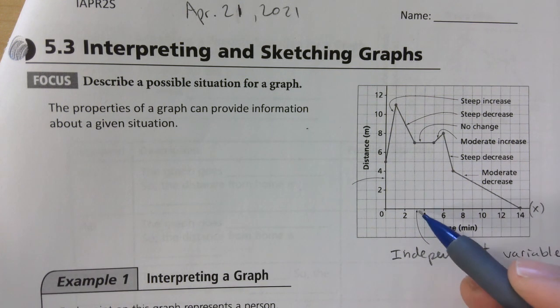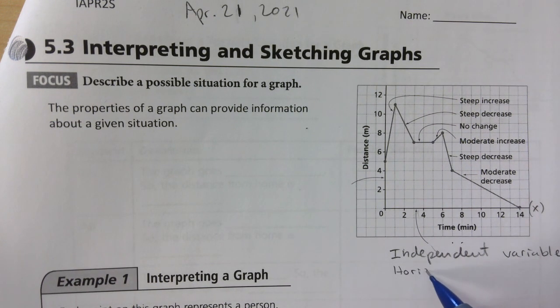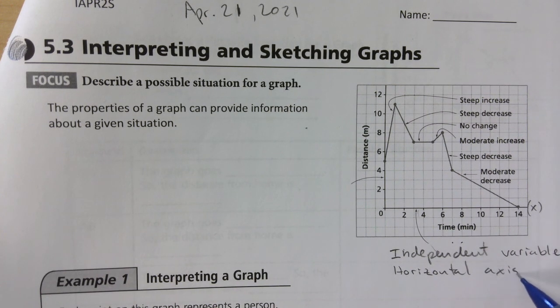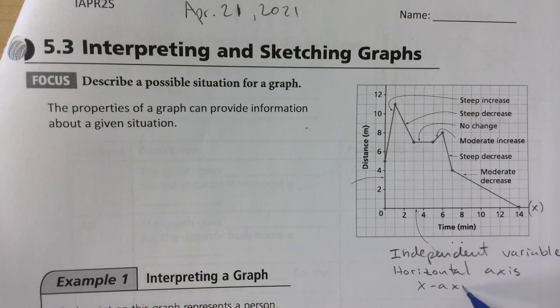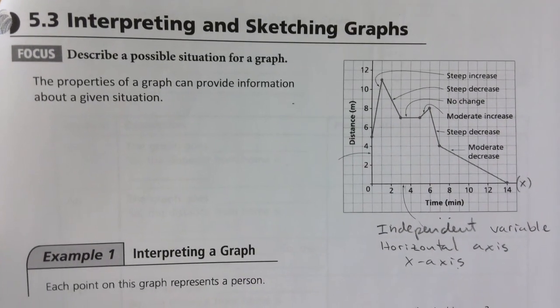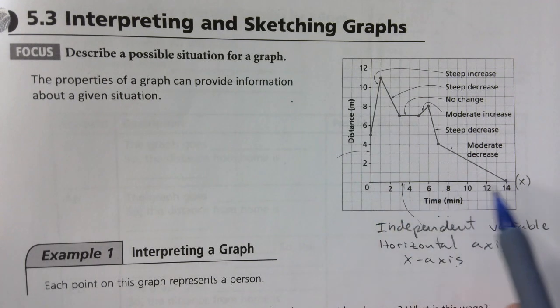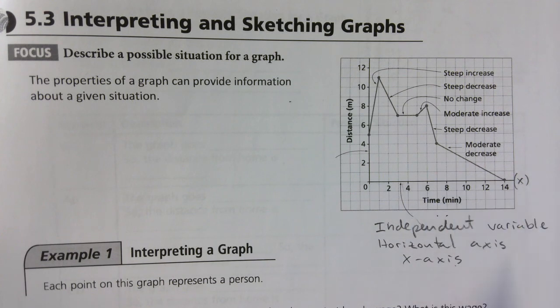So we call this the independent variable, also referred to as the horizontal axis, also known as the x-axis. So all three belong to the x-axis, right? We know that the independent variable goes along the x-axis. We can call that the horizontal axis and just the x-axis, which is probably what you're most familiar with.